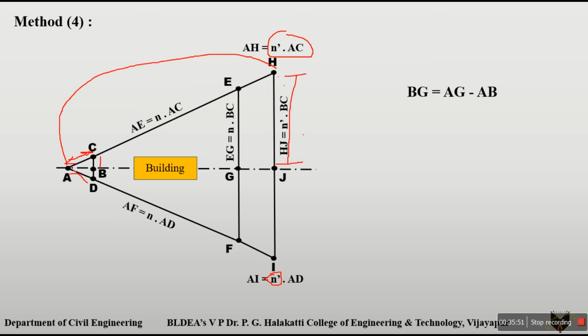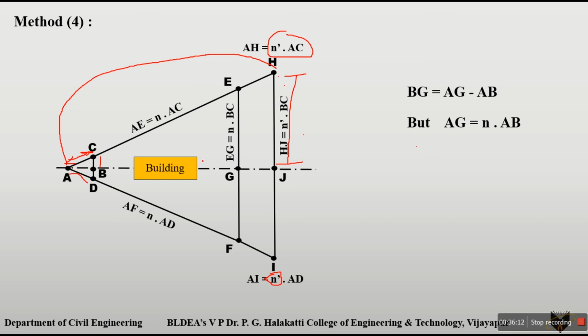For the length of AG, you can write it as n times AB. So the distance of BG is equal to AG minus AB. The AB distance you can easily measure here.